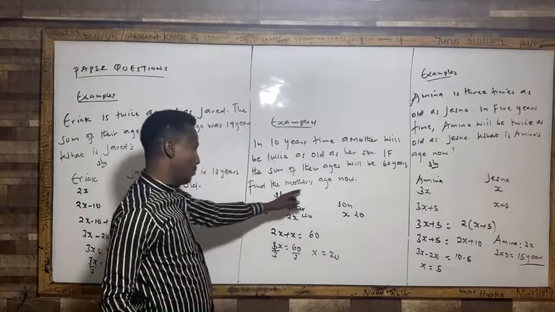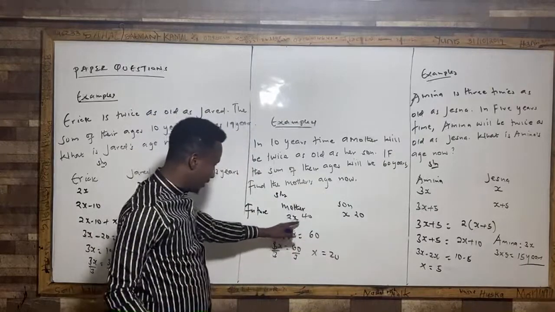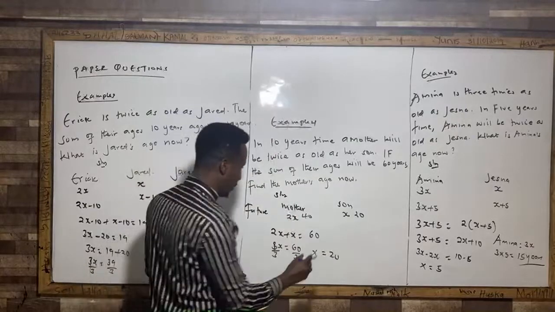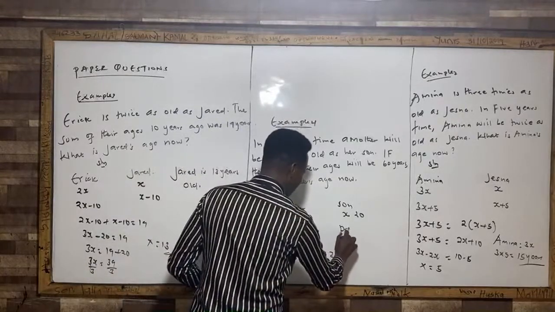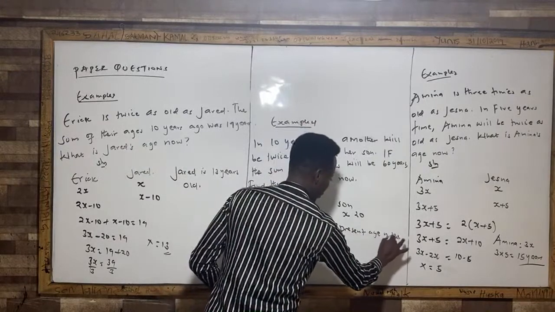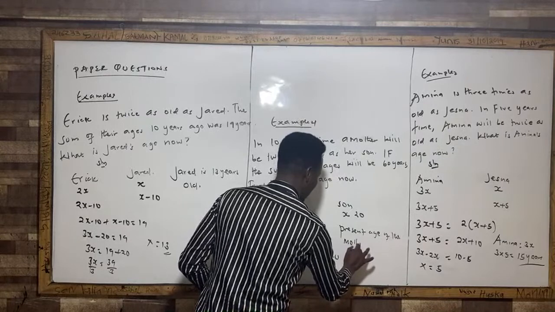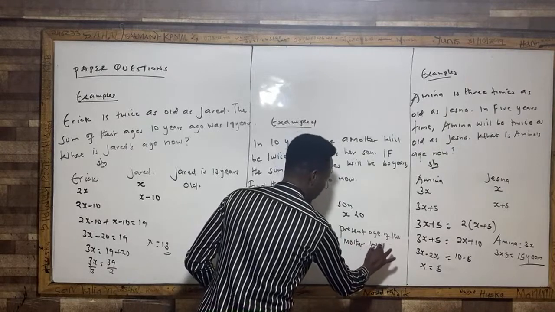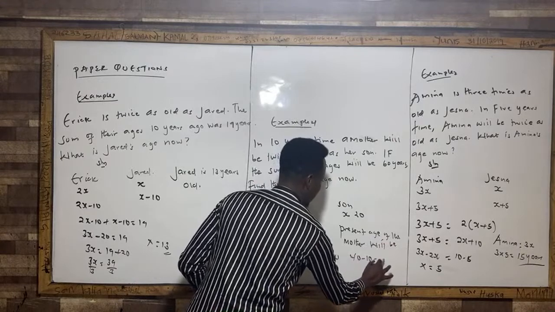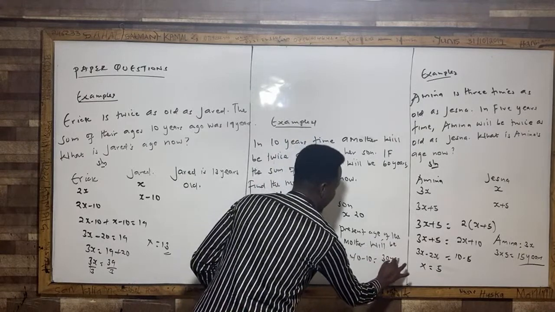But remember, find the mother's age now. This is 10 years in the future, so the present age of the mother will be 40 minus 10, which is 30 years.